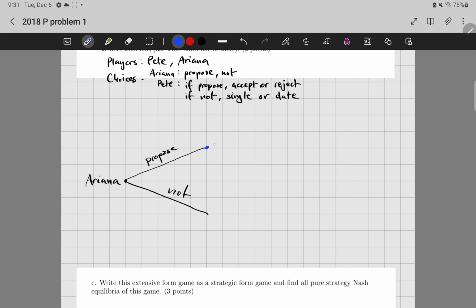And if Ariana proposes, Pete can either accept the proposal or reject the proposal. Let's put Pete. But if Ariana does not propose, Pete can either stay single or date someone else.